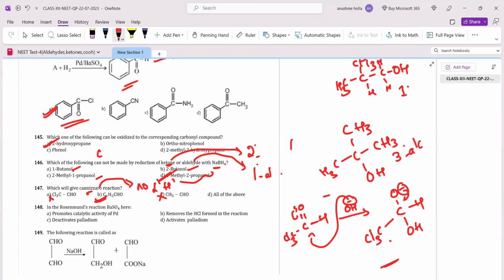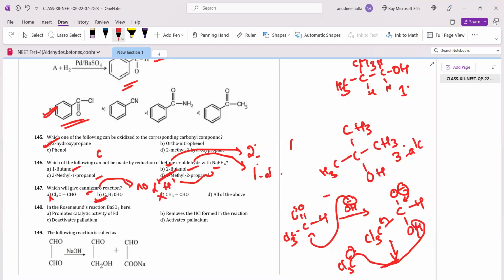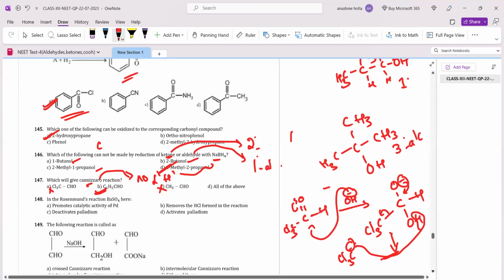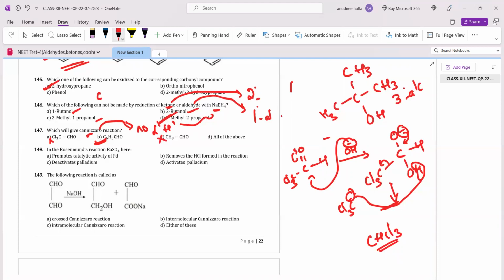Now this negative charge will again form pi bond and this will release CCl3 minus, which will again take away one of the hydrogen as H plus. So if it takes away those hydrogen as H plus, then it will form CHCl3. So this group will move away and it will form stable chloroform.